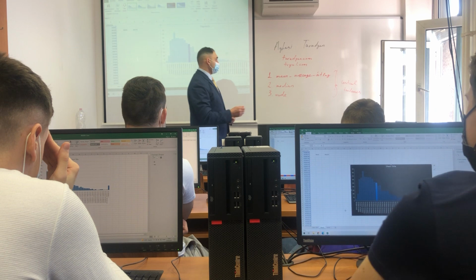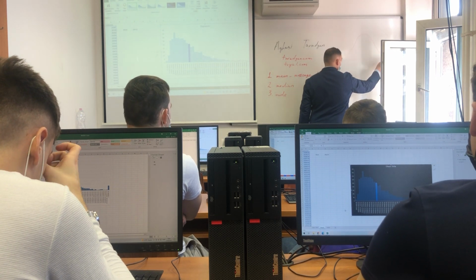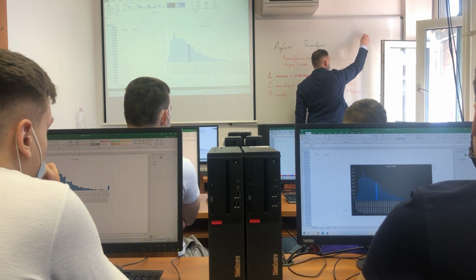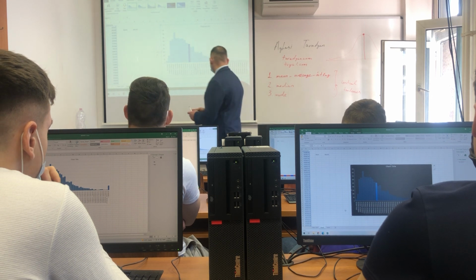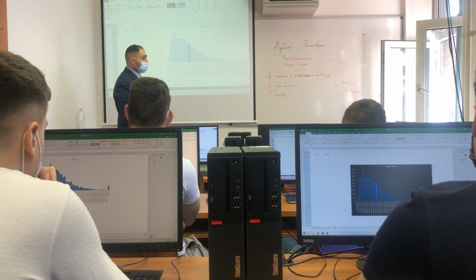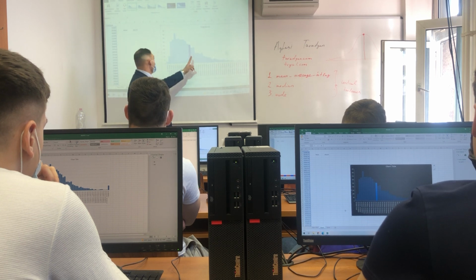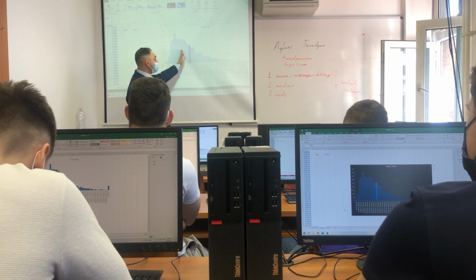Because if we have some random distribution, we'll expect that the center will be somewhere here. No? But in this case, the calculation of the mean says that the center is here. But maybe the center is here, the peak, or somewhere here.